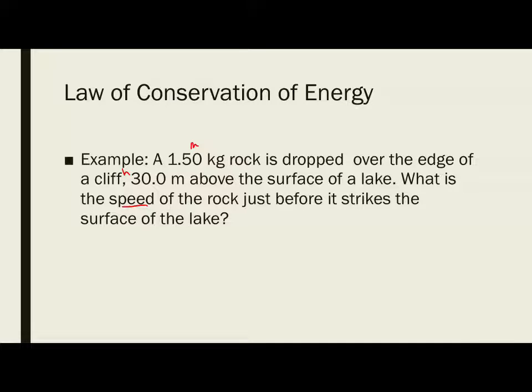But we know that potential energy at the top here is equal to the kinetic energy at the bottom of this rock's fall. Okay, so there's two ways to do this. Just find potential energy by going mgh, and that's equal to your kinetic energy.